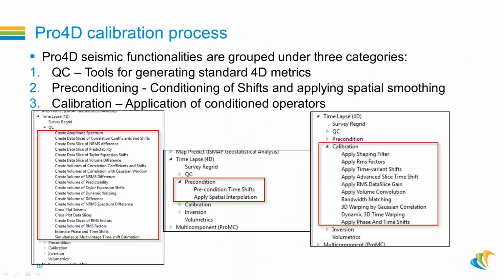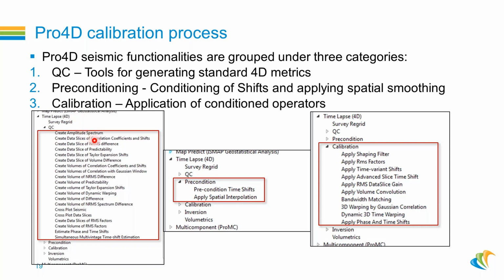In the calibration process in Pro4D, if you open these processes, you will see a survey gridding option, which is for when the monitor is not the same size as the reference grid. You can regrid your monitors to the same grid as the reference or base seismic data. Other than that, we have QC tools for generating standard 4D metrics.